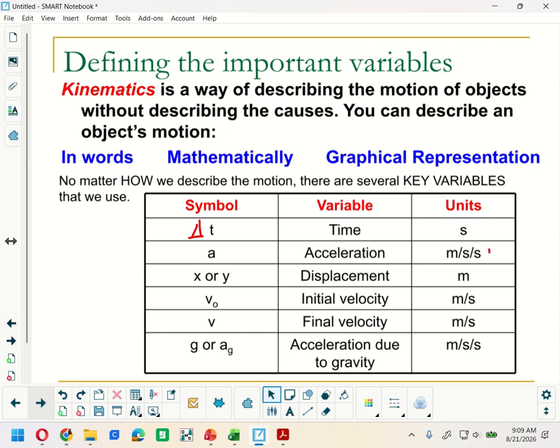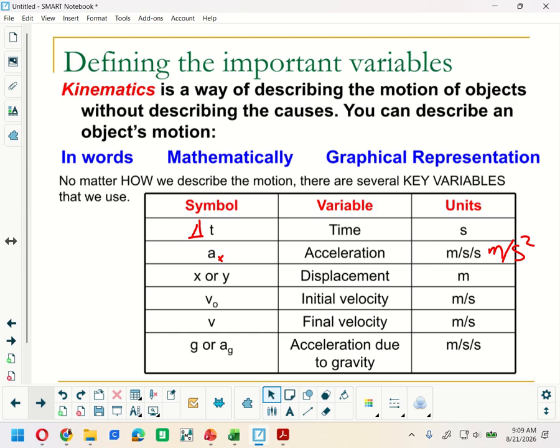So now you also could see this as acceleration sub x. You can see acceleration sub x, so that would mean my acceleration for x. So we could have acceleration in different directions. We could have an acceleration for y.